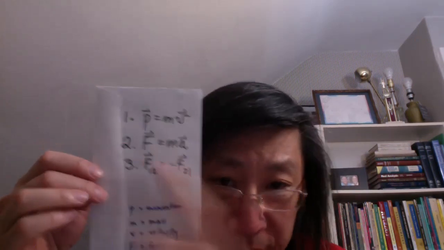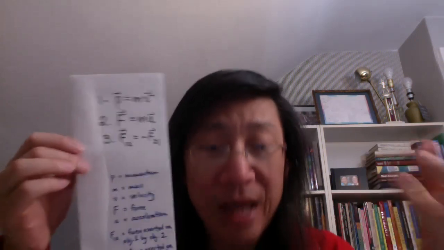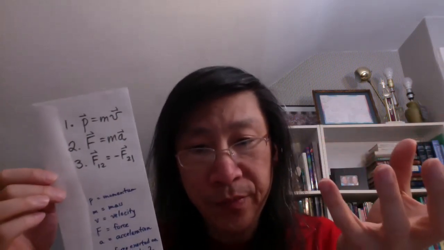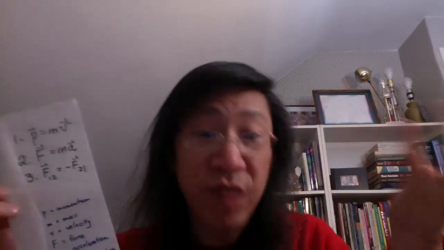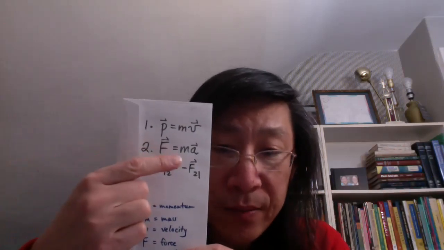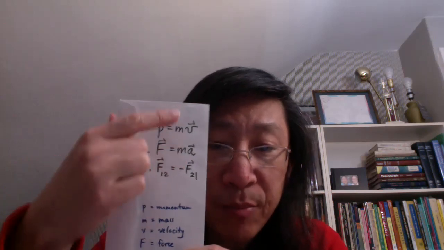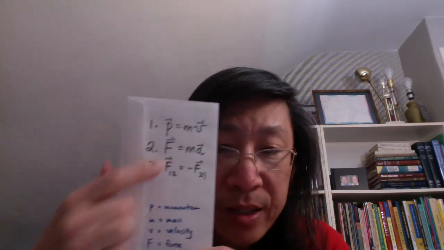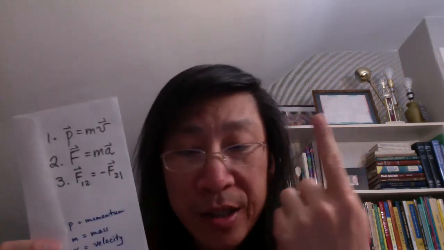Well, guess what? Long ago, after Newton, but not too long after Newton, people were thinking, you know what? Just in the same way that mass is the property of an object, its mass is a thing, maybe there is something that could take the place of mass in a spinning system.